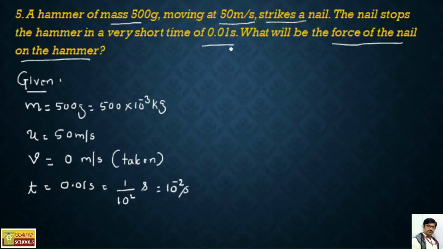So these are the things they have mentioned, and the asked question was, what will be the force of the nail on the hammer? Therefore, I can write force of the nail N on the hammer as F_NH. This is for our understanding, otherwise you keep F as it is, no problem.